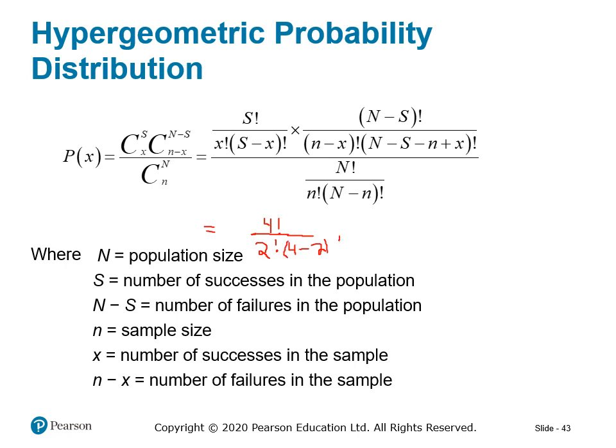Times, this is factorial by the way, times N minus S, where big N in this case is going to equal 10, minus big S, which is equal to 4. So I have 10 minus 4 factorial, or 6 factorial.